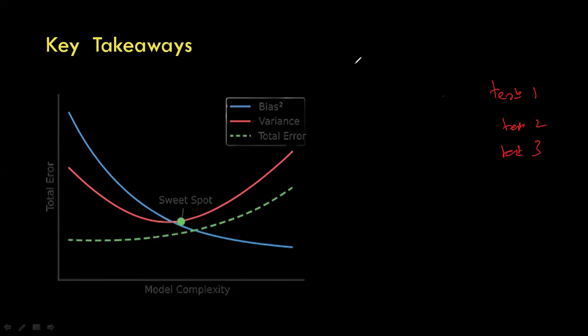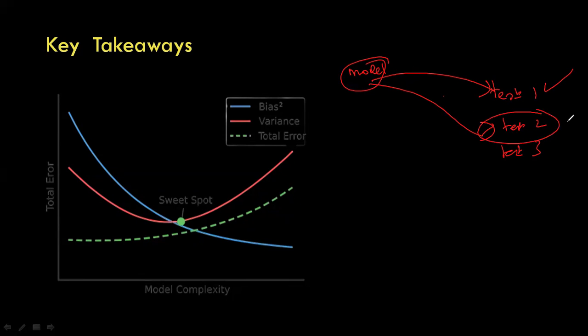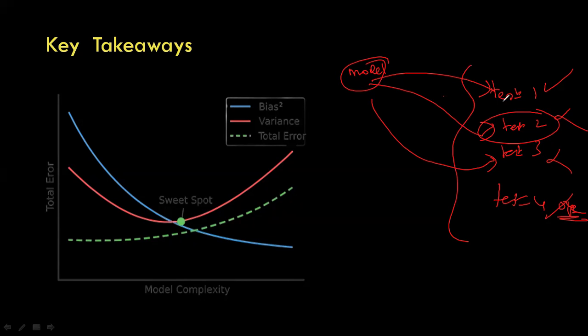Let's say you have built the machine learning model, and your model is performing well on this. But when you apply your model on another test data set, your model prediction is not good. And when I give another data set, it is kind of okay. That means there is no consistency here. Variance is there, right? So there is a variance here.